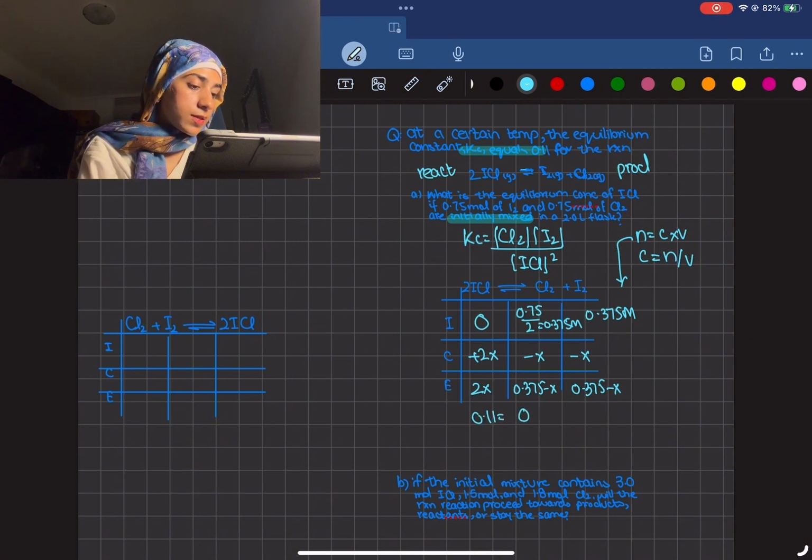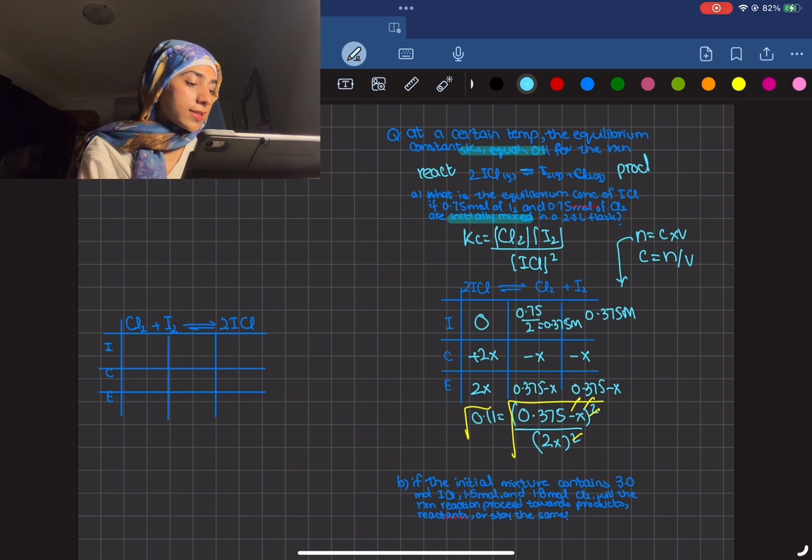This would be 0.375 minus x. Now I can put a whole square on this because the concentration at equilibrium for Cl2 and I2 are the same, so I can just put a whole square, and there's a whole square here. Now I can take the square root here, cancel this out.